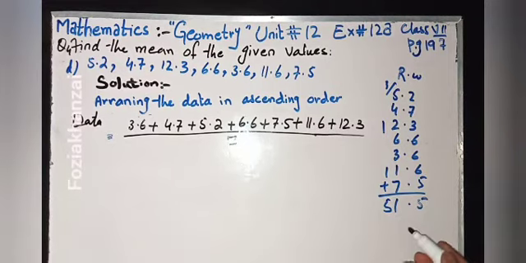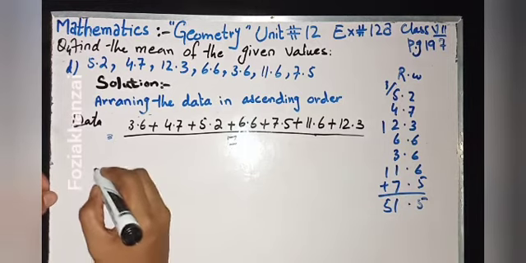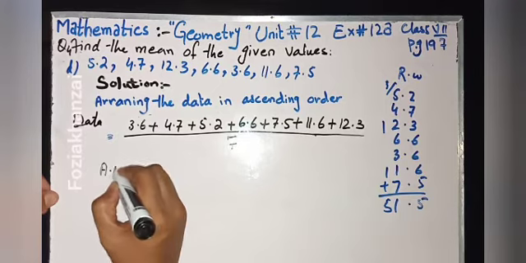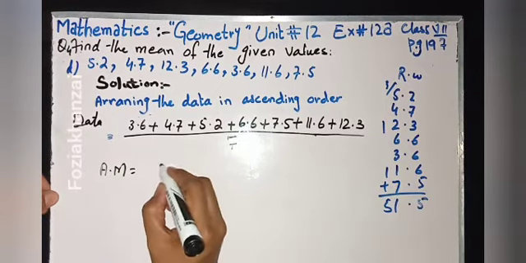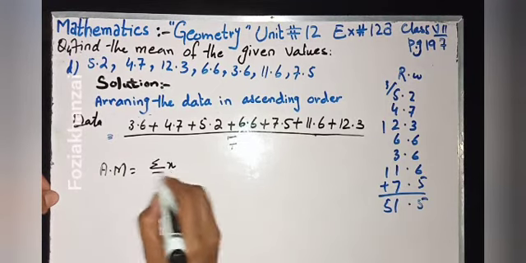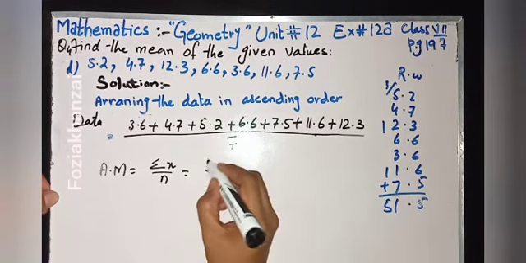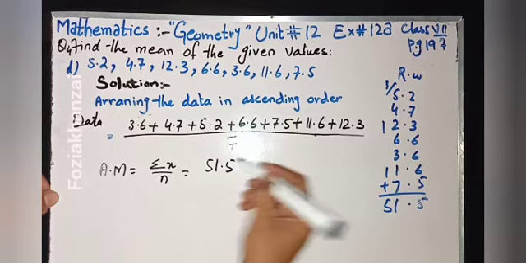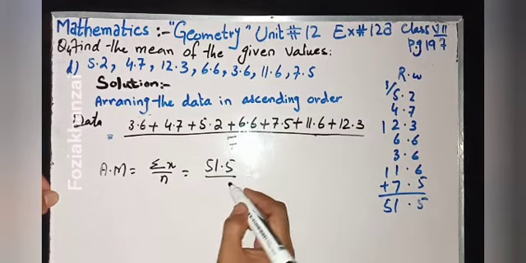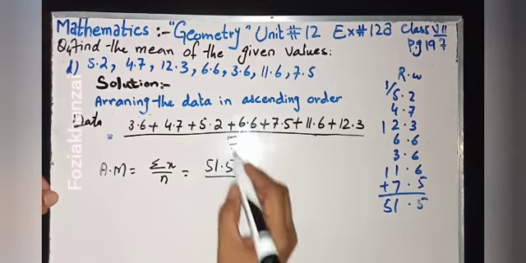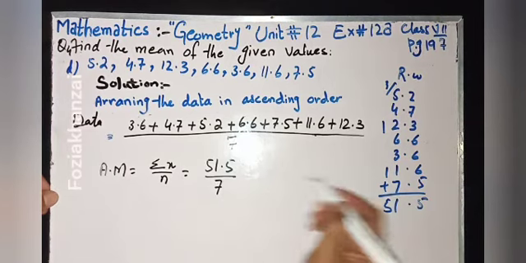Now add them in your rough part. Write down the formula: AM equal to sigma X upon N. After adding, 51.5. After the decimal read single digits like 5, 7, 3, 1, 2. So 51.5 divided by 7.